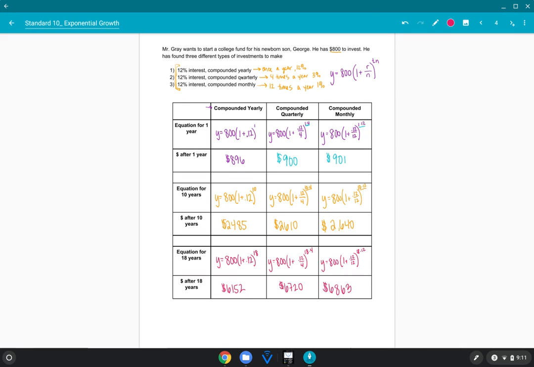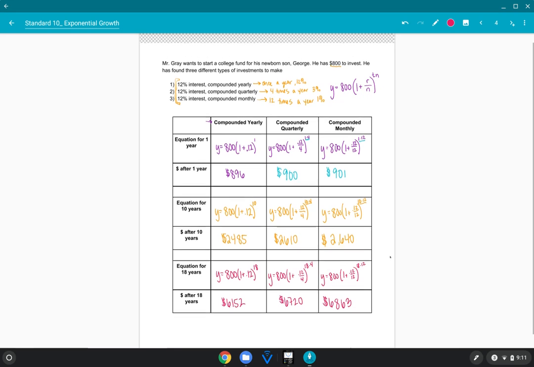If you are picking, like Mr. Gray, between the same interest rate, but it compounds differently, you want to pick the one that compounds the most throughout the year. That's going to get you the most money. If Mr. Gray picked compounding yearly, he started with $800, and by college, he would have $6,152. It's not bad. Quarterly, he would get more after 18 years, and monthly, he would get even more.